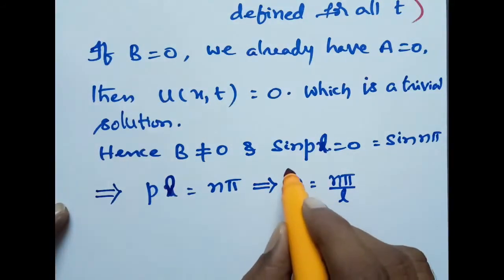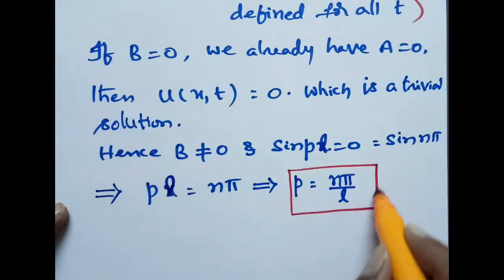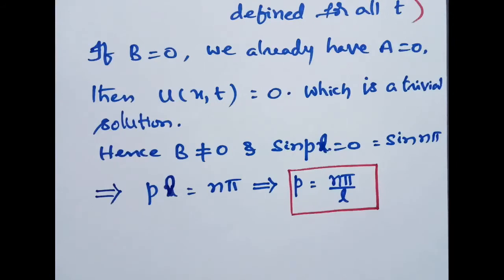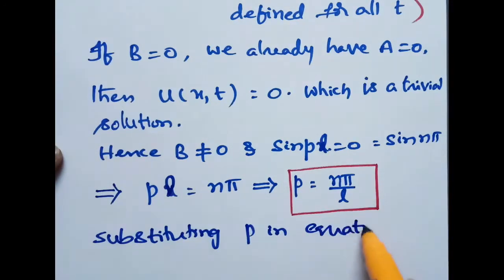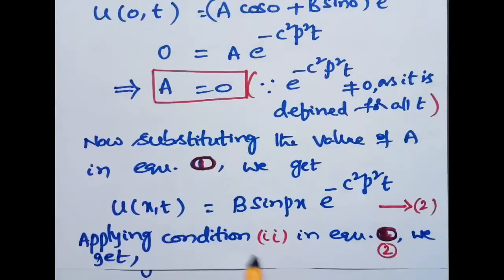This is P value. Substituting P in equation number 2, we get u of x comma t is equal to b sin px into e to the power of minus c square p square t.